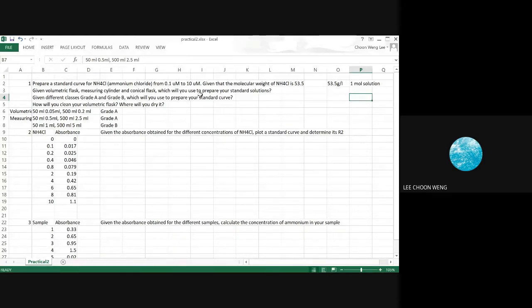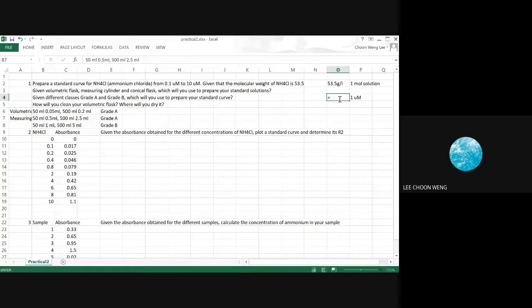So if you want to prepare a 1 micromolar solution, that means it's a 1000 times dilution, right?